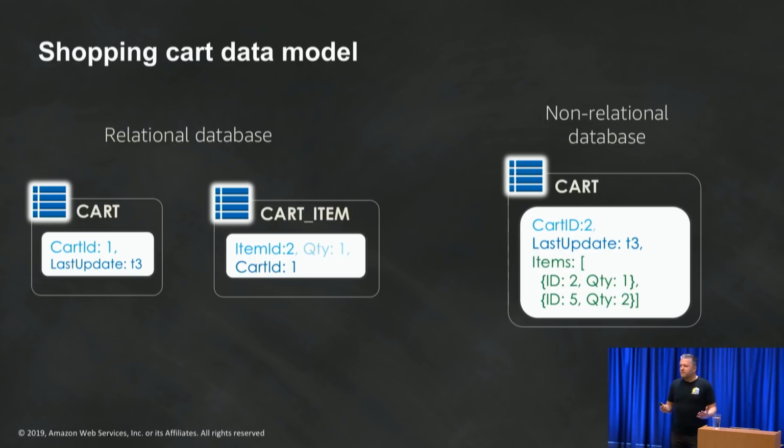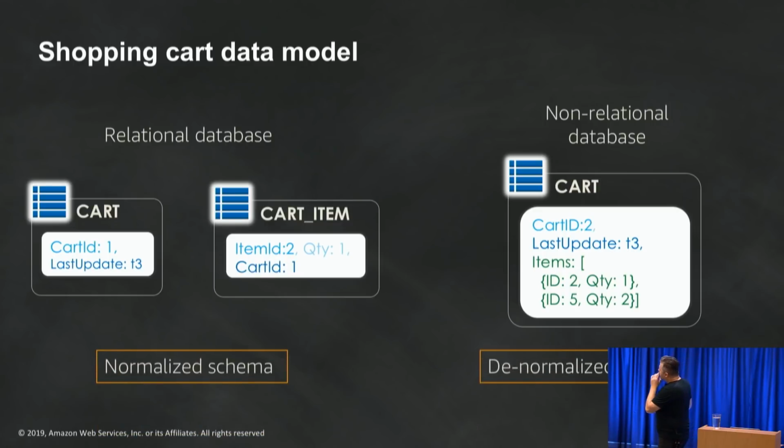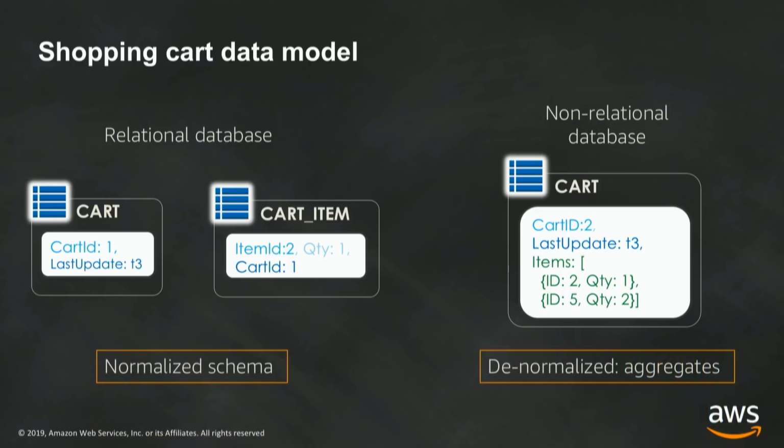Both options are perfectly valid, and which one you go for may depend on other requirements that you have in your application, right? So the main point of difference is that in a relational world, we would have a fully normalized schema. In the non-relational world with DynamoDB in particular, we would want a denormalized schema, right? Using a single table to store the data.